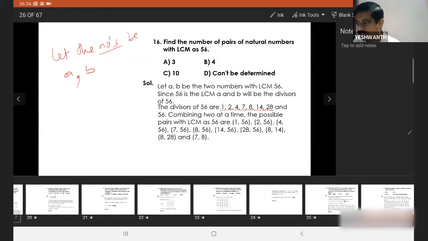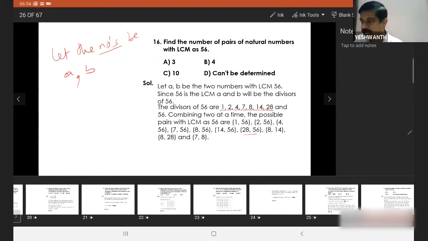Okay. Next, starting with 2. 2 comma 28, no, LCM cannot be 56, so only 2 comma 56. Similarly with 4, as 56 is a multiple of 4, there cannot be another one with 4. But after 28 comma 56, our other search starts.